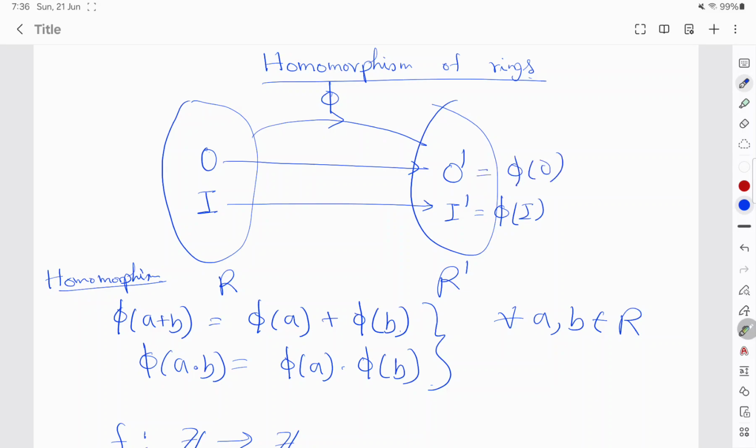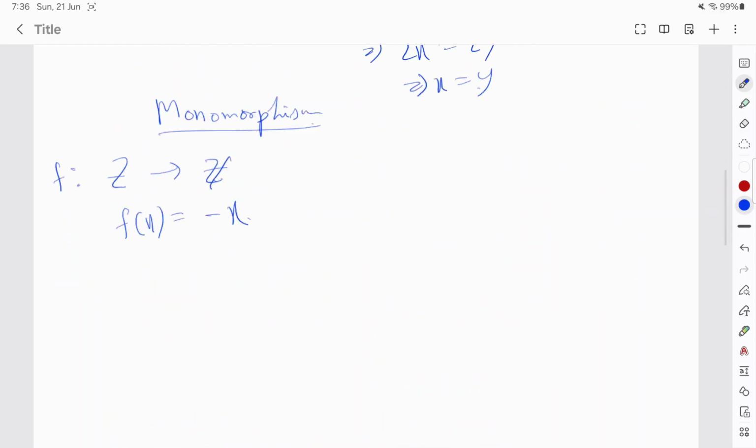So additive identity and multiplicative identity map to the corresponding elements in R'. This type of proof is very easy. If you are facing any issue, you just send me a message on WhatsApp. So I'm not going to prove this type of thing.